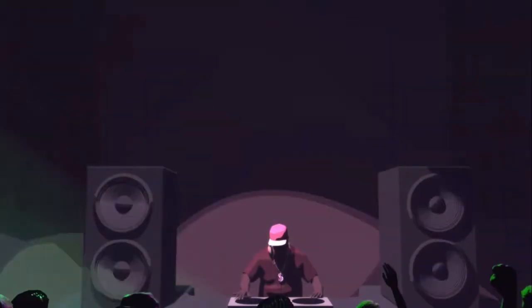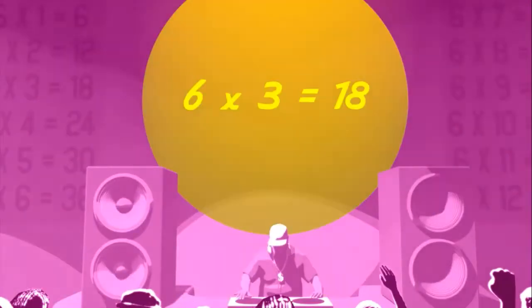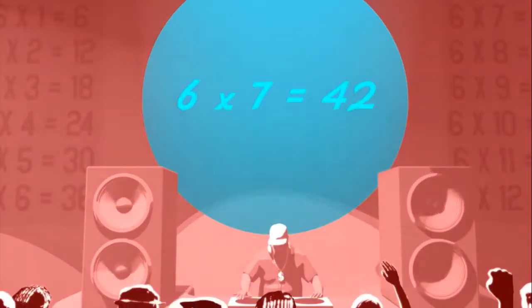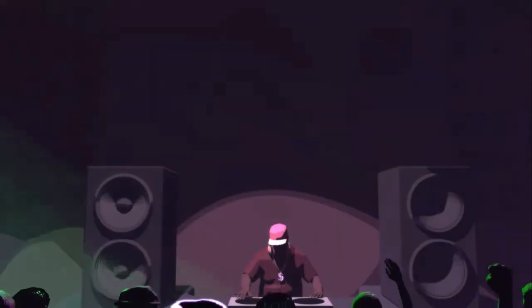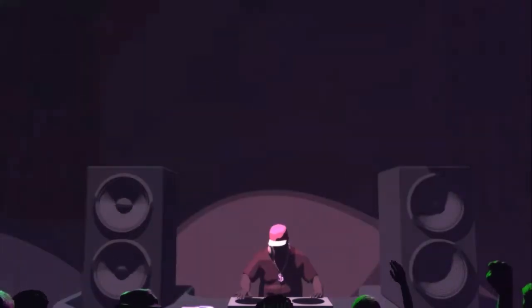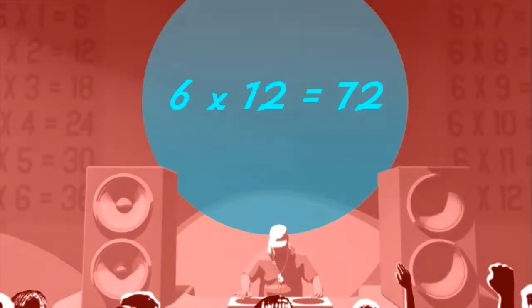All these are multiples in the 6 table. All these are multiples in the 6 table.